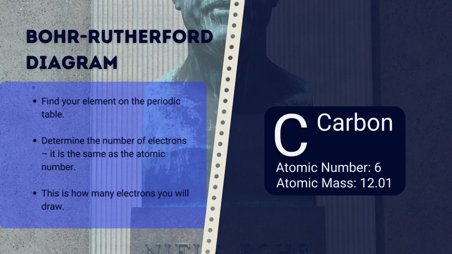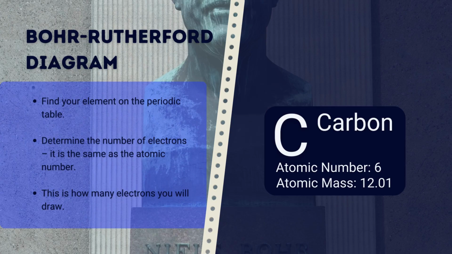As discussed, the first shell can hold up to 2, with the biggest shell able to hold up to 8. The diagram helps to illustrate the electronic configuration of an atom. It is a useful tool for understanding the properties and behavior of different elements. In summary, the Bohr-Rutherford diagram is a simple model used to visualize the atomic structure of an element.